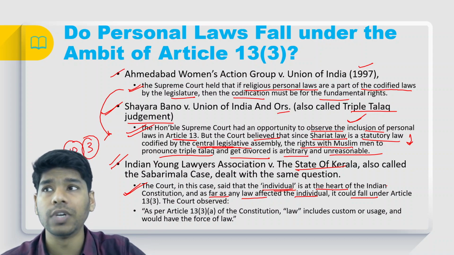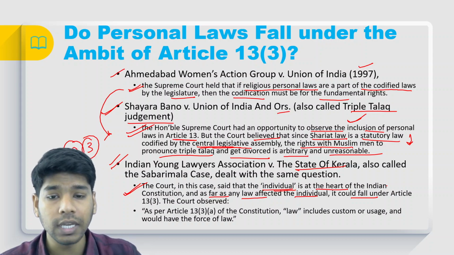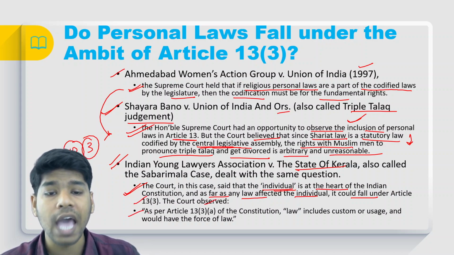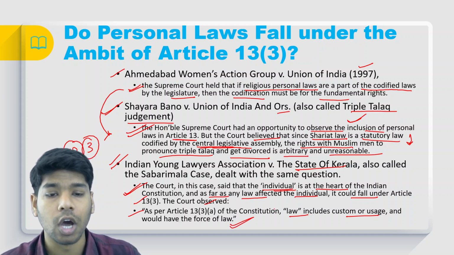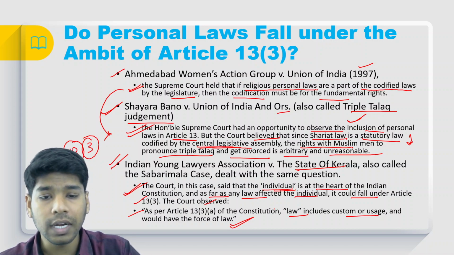If the fundamental rights of any individual are being violated, immediately it will fall under Article 13(3). So this is what the court has observed. And as per Article 13(3) of the Constitution, the law includes the custom or usage and would have the force of law.